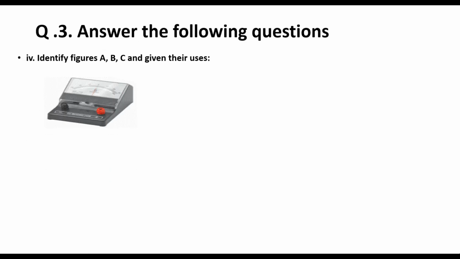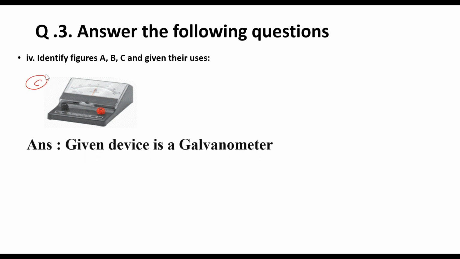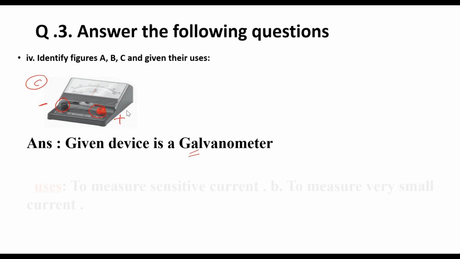The next is about diagram number C. What does diagram C indicate? The given device is a galvanometer, that is the identification. It is a galvanometer with 2 terminals, shown with black for the negative terminal and red for the positive terminal.